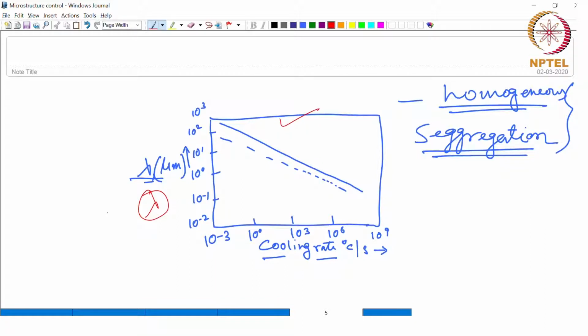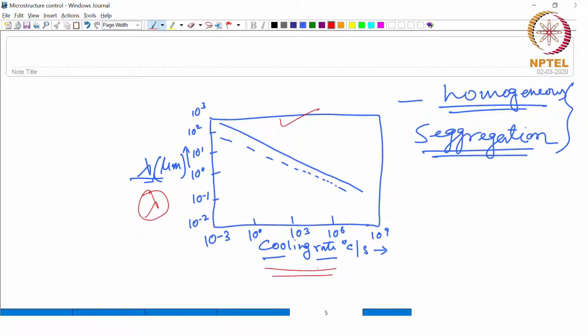Okay. So, this is what we were discussing as to how these process parameters will play a role on controlling the microstructure of the powder particles which are generated in this atomization process.